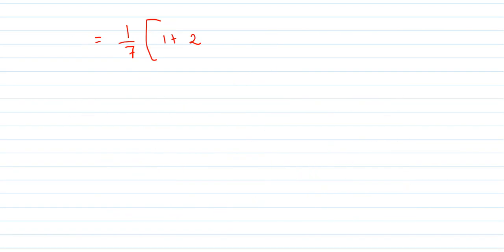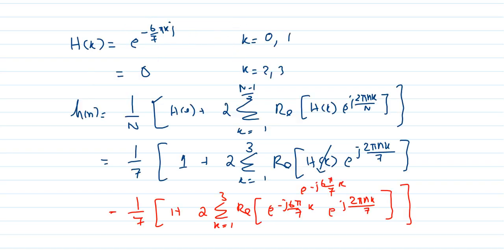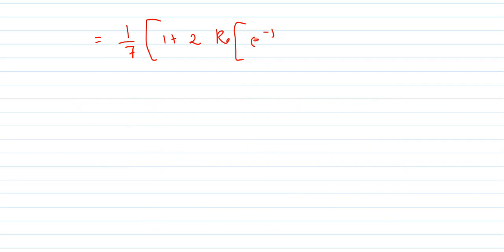So it is the real part of e power minus j 6 pi by 7, k is 1, into e power j 2 pi n by 7, k is 1, 2 pi by 7.